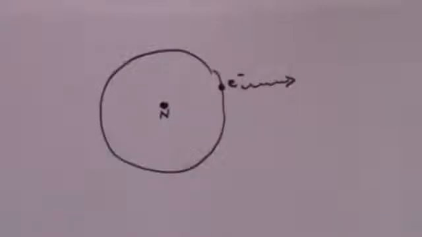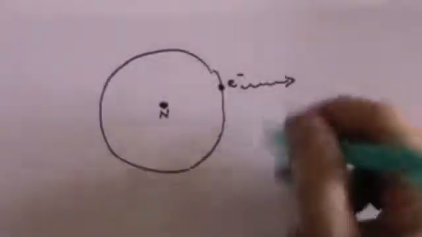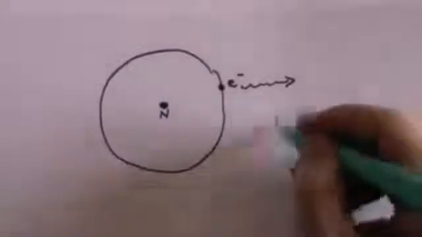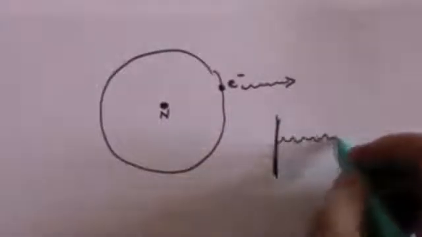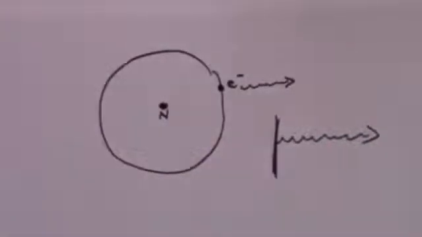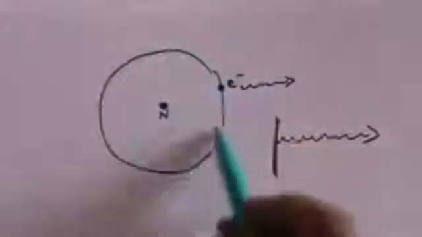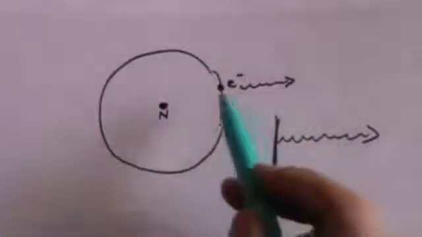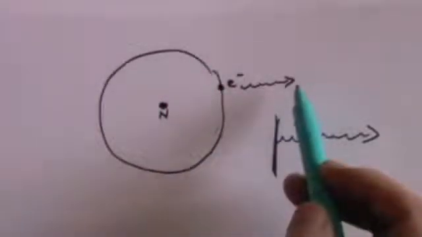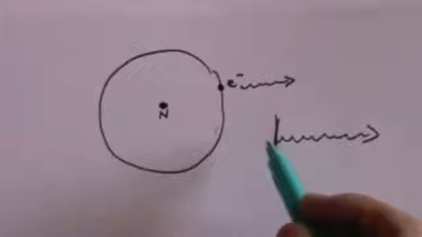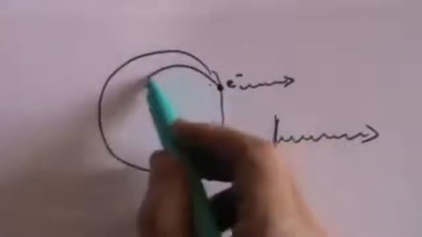And an orbiting or an accelerating charged particle emits radiation. That's, in essence, how television waves are transmitted from a transmitter. Electrons are accelerated up and down the transmitter, and the consequence is that broadcast waves are sent out for your television aerial to receive. So when an electron is accelerating around the atom, it should be radiating out energy. And if it's radiating out energy, it has to spiral in.